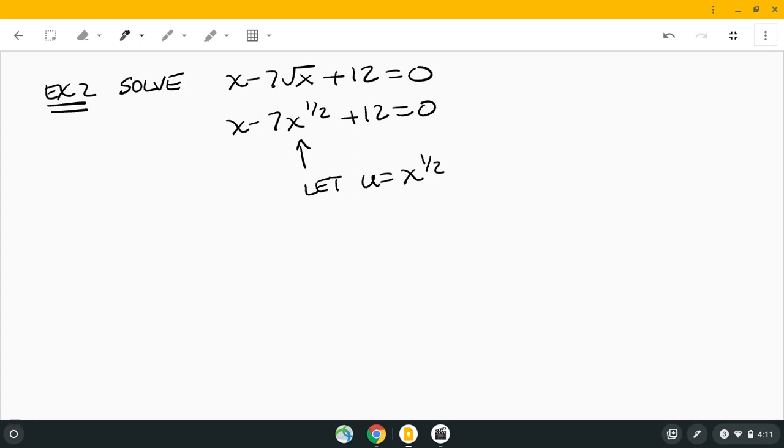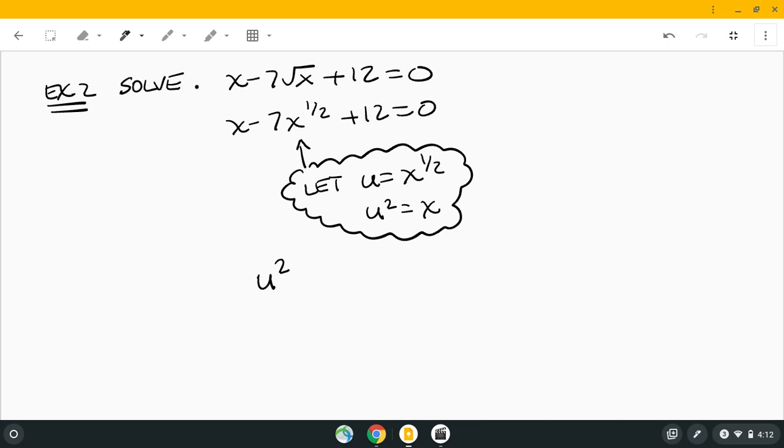If I square both of these, if I square this, I get u squared. And if I square this, I get x. So x equals u squared. I'm going to replace this x with u squared.